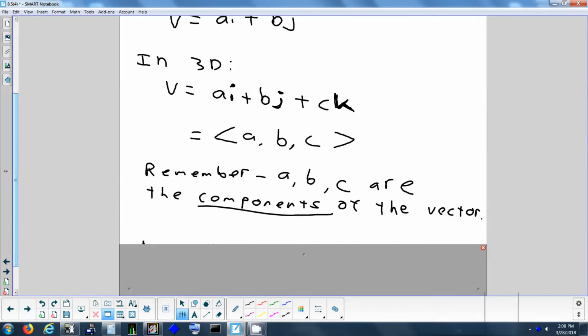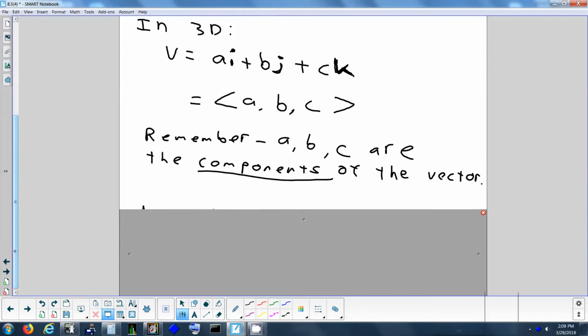Does anybody remember the name we give to a vector that has its initial point at the origin? Yep. So unit vector is when it has a magnitude of 1. But this is something a little different, when the initial point is at the origin. It was the last thing we did in 8.5 part 2.